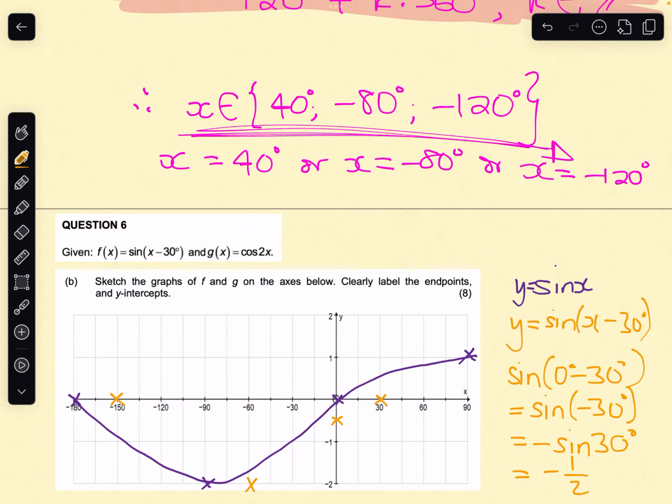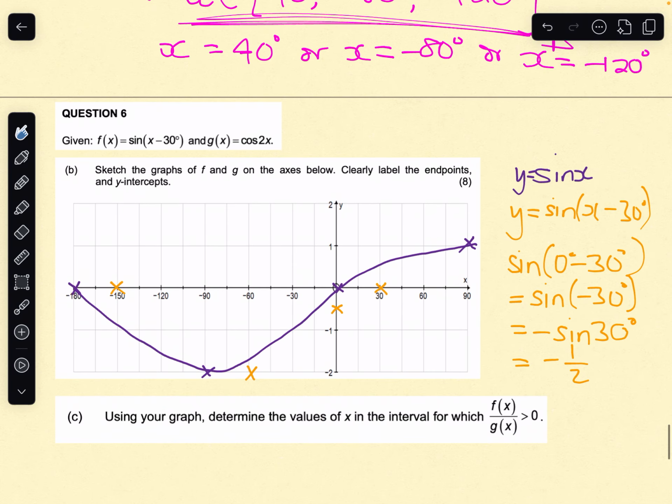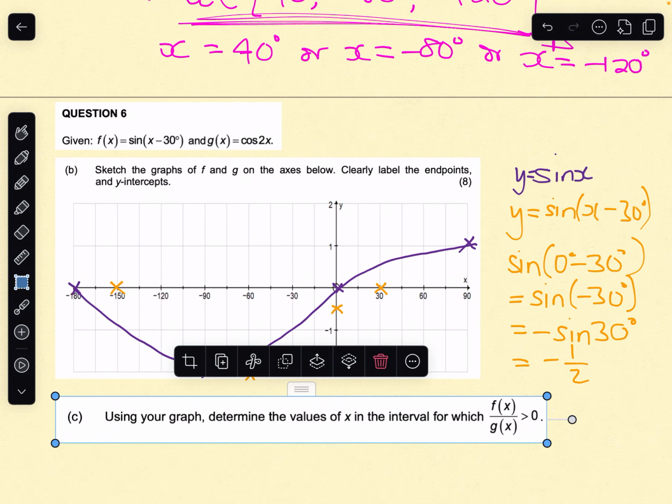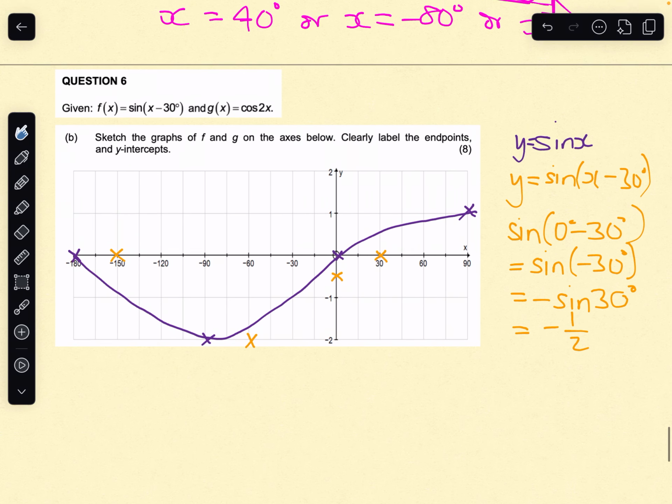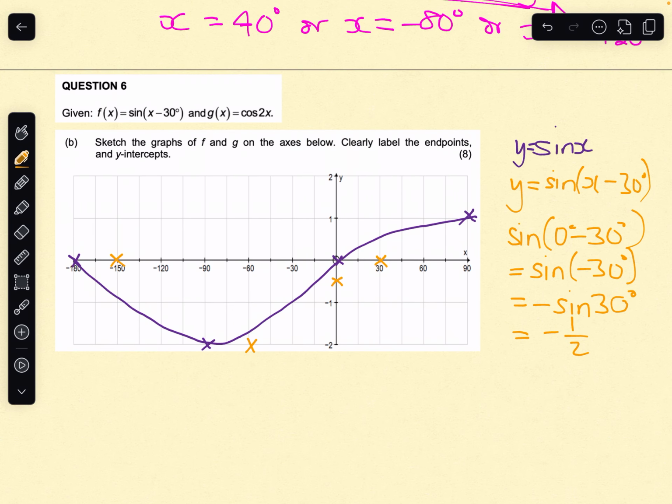And while we're at it, maybe let's work out our endpoints. There is so much going on here. So the one endpoint occurs when x is equal to minus 180, so I'll substitute that in.